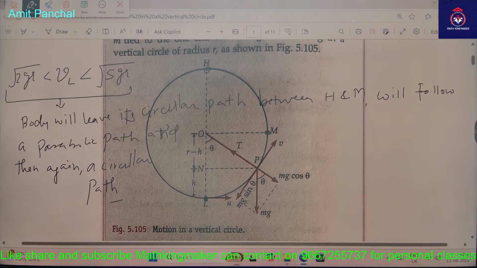We never derived root 5gr in itself; we only derived things like u square minus 5gr. So for the body to leave the circle, that is the condition.